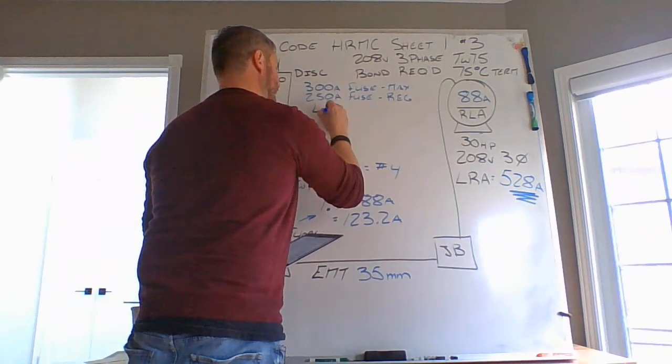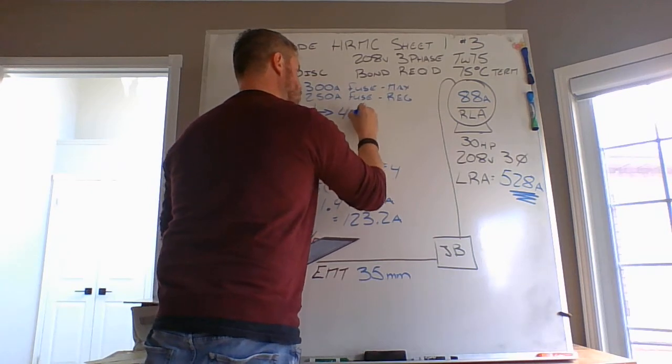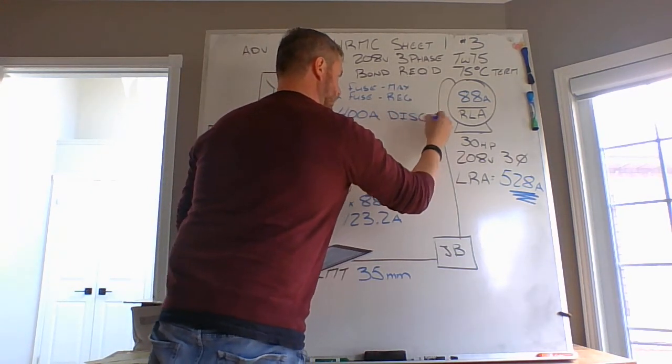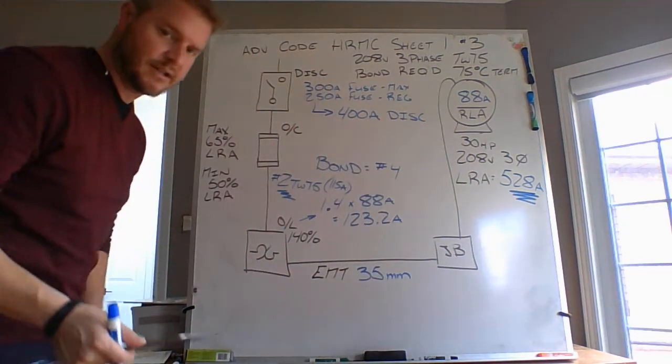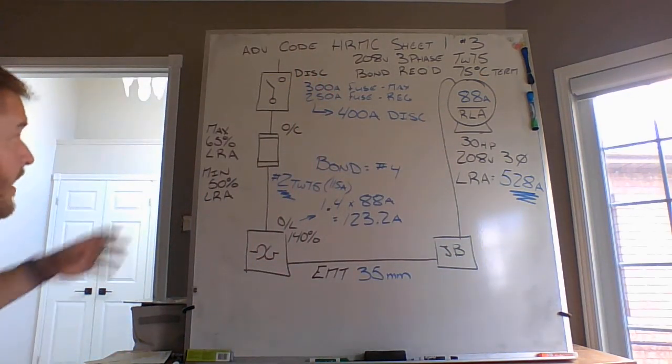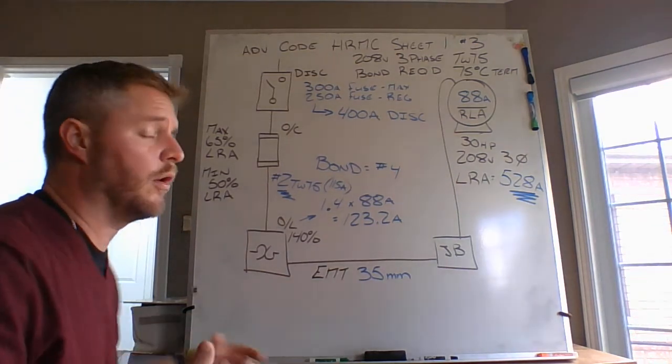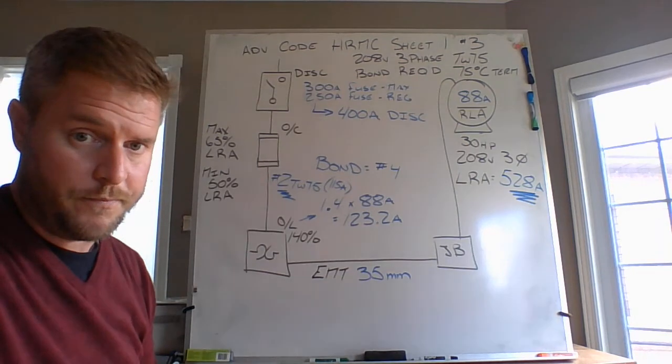It's going to drop down to be a 400 amp disconnect because they are nominal sizes. That 400 amp disconnect will suffice the 300 amp fuse. If that's the worst case scenario, it'll also hold the 250.